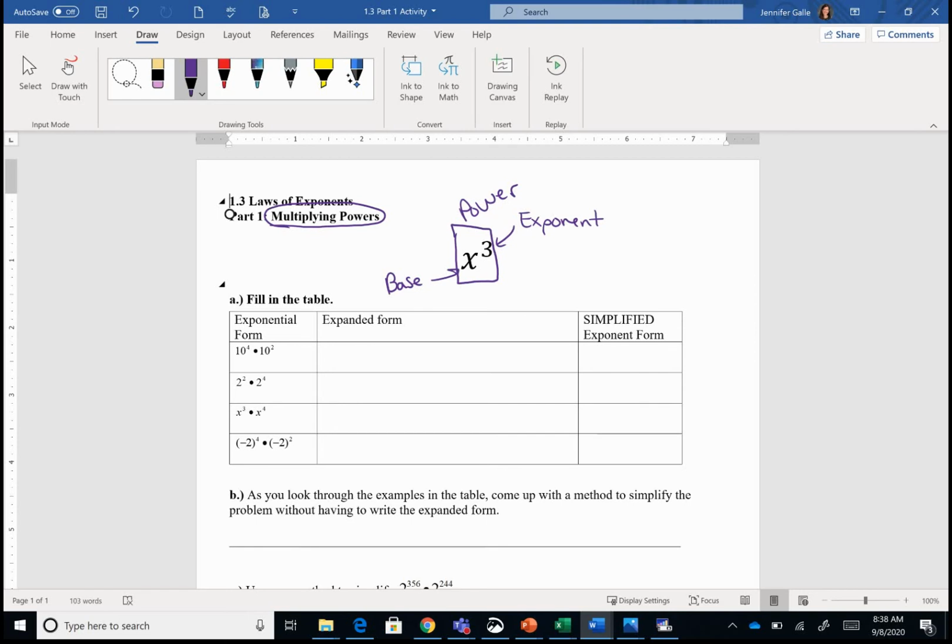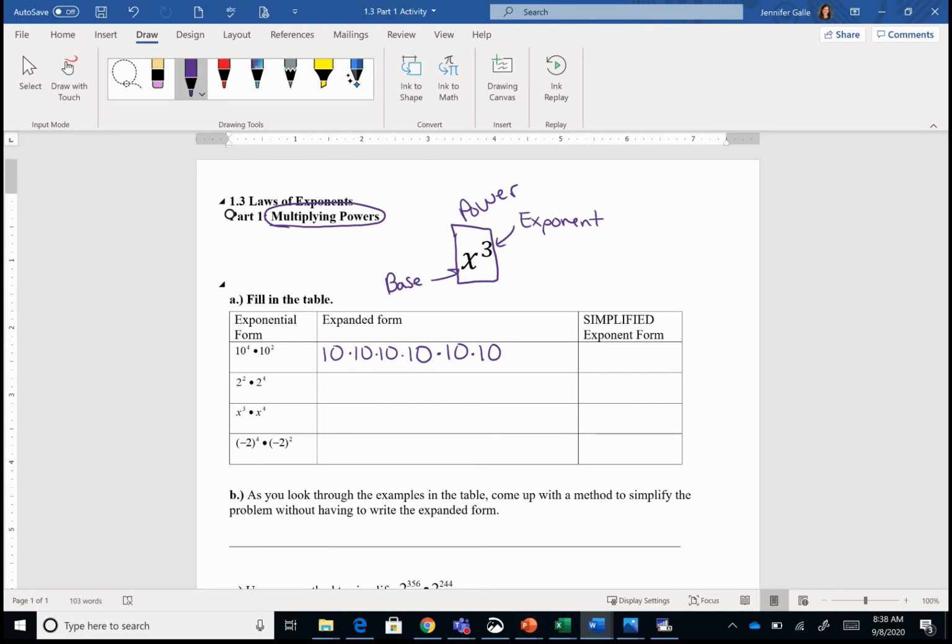So if we expand out, we have 10 to the 4th power. How many 10s am I going to have? Go ahead and just shout it out. 4. Let's start there. We're going to have 4. And then we have a 10 to the 2nd power. So we're going to have another 2.